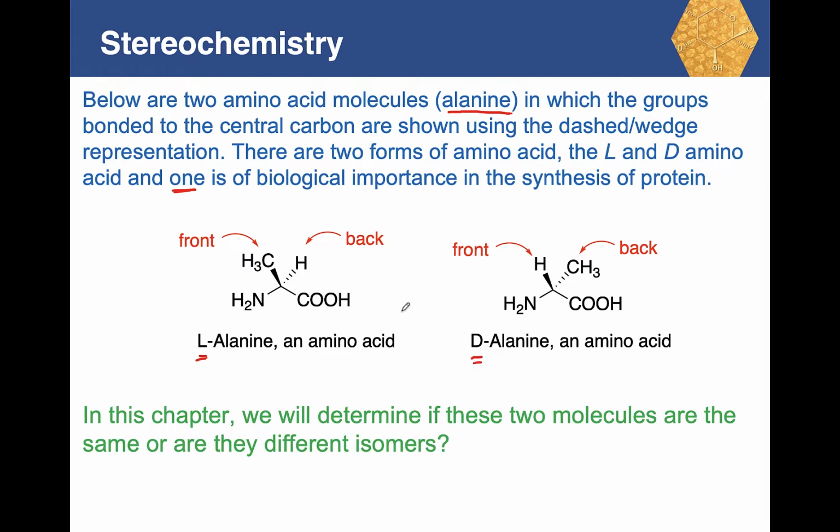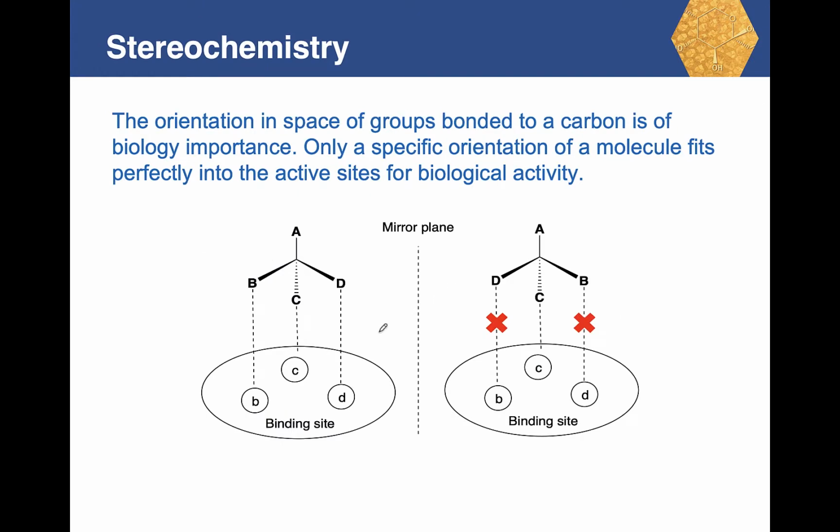So the bottom line here is the body can recognize one and not the other, which is implying that they are different. But let's see how different they are. Here is a schematic of the interaction of molecules with an active site. So we have a binding site here, which we label as B, C, and D. And here's a molecule, an atom here, that has 4 groups bonded to it, A, B, C, and D.